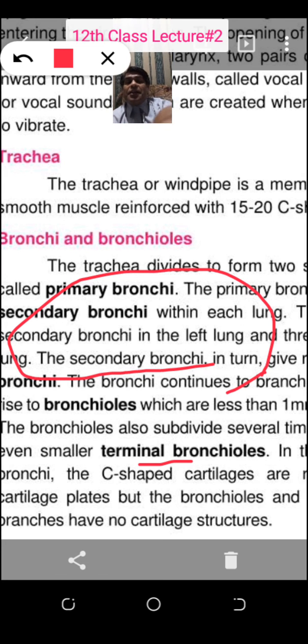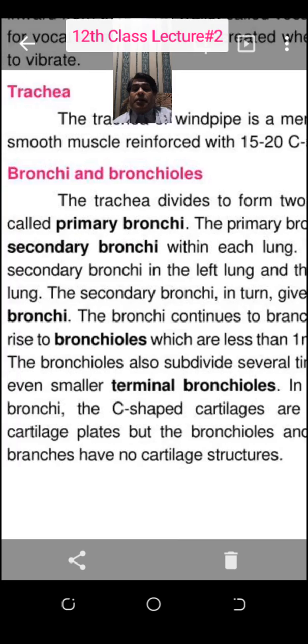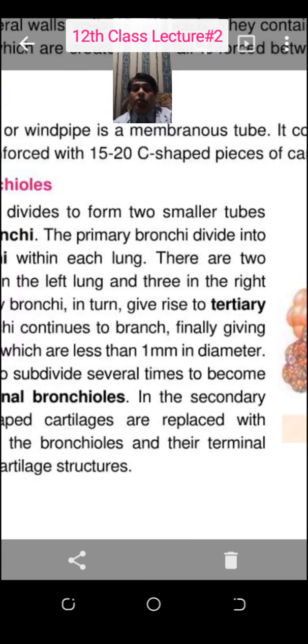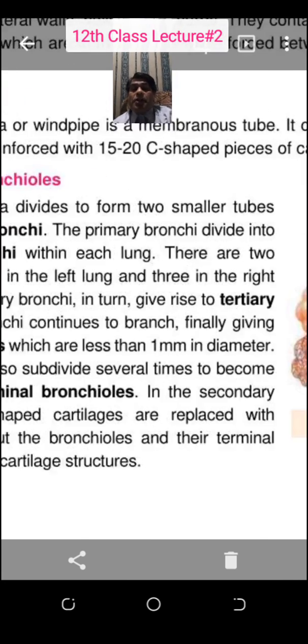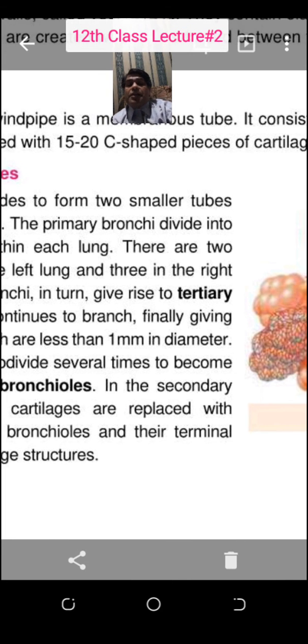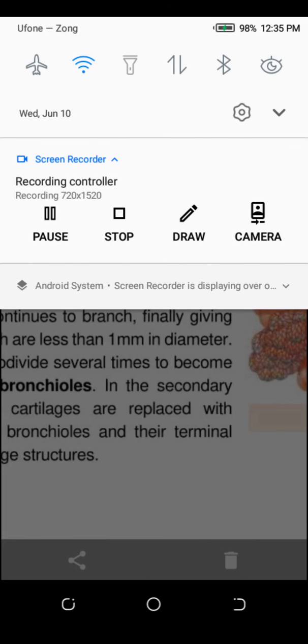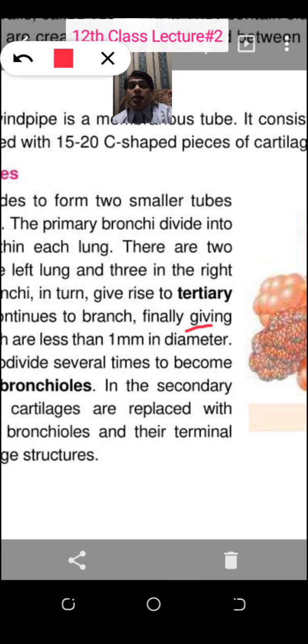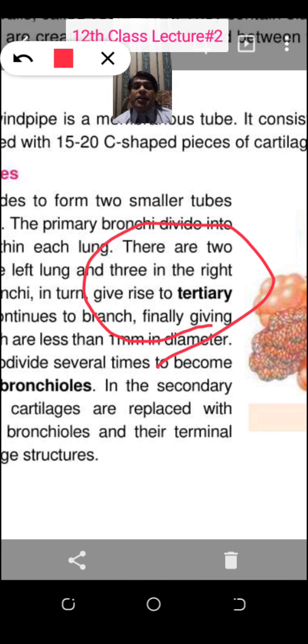Similarly, in the right lung there are 3 lobes and the bronchi number will be 3.